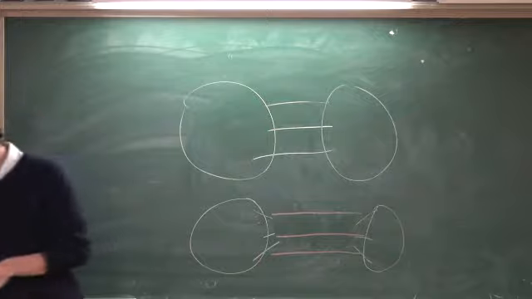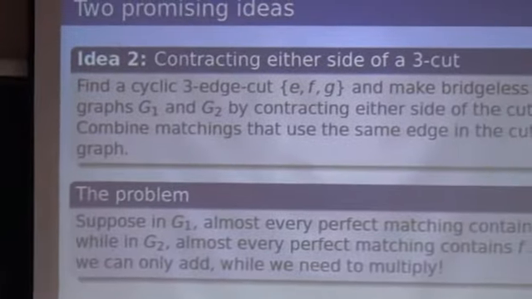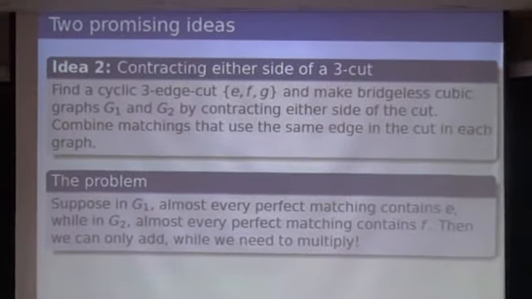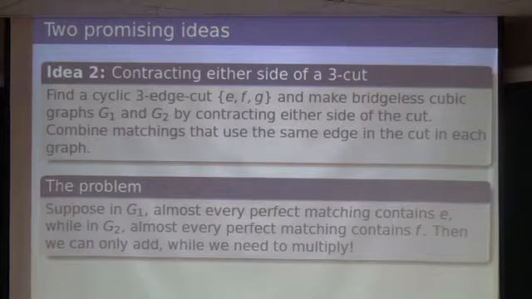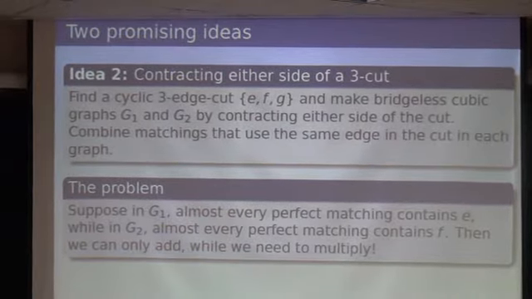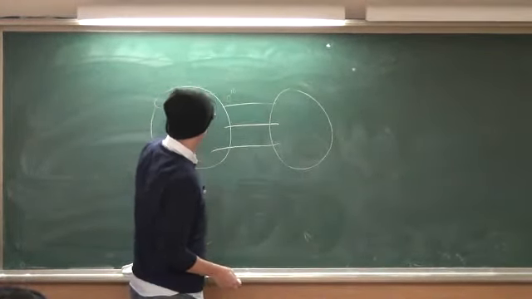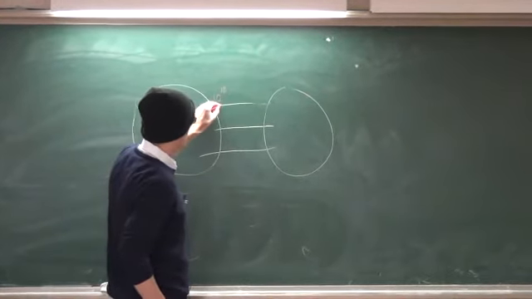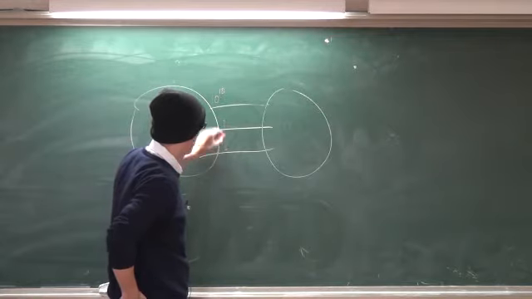The problem with this is that even if we know that these 2 auxiliary graphs have exponentially many perfect matchings, and we know that every edge is contained in some perfect matching, we don't know how these are distributed. So it could be the case that over here we have 10 to the 10, for example, perfect matchings intersecting this, and then just 1 over here and 1 over here.